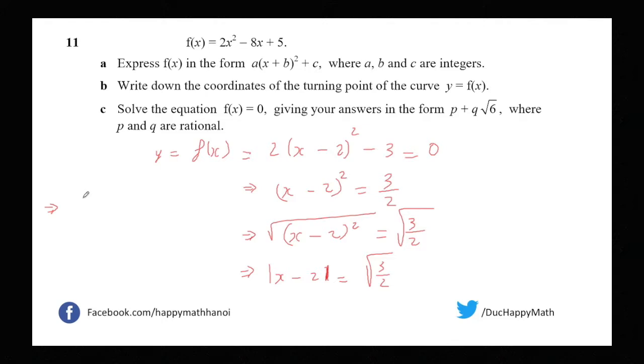So when I break the absolute value sign, x minus 2 equals the square root of 3 over 2, or x minus 2 equals minus the square root of 3 over 2. So x will be equal to 2 plus the square root of 3 over 2, and x will be equal to 2 minus the square root of 3 over 2.